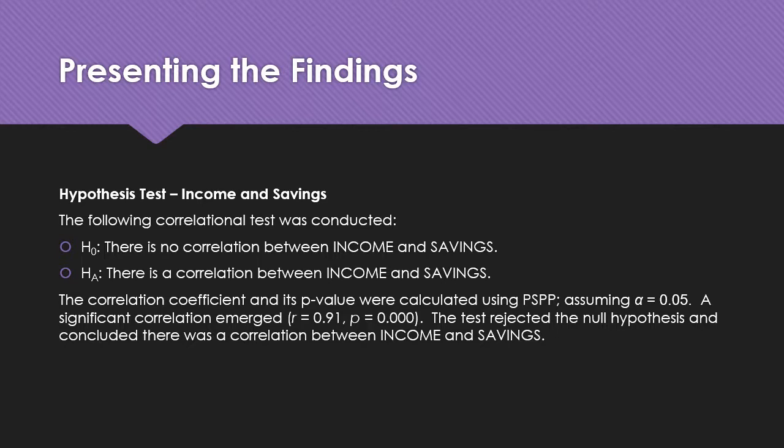The correlation coefficient and its p-value were calculated using PSPP, assuming alpha is 0.05. A significant correlation emerged where R equals 0.91 and our p-value is 0.000, which is really close to 0. So the test rejected the null hypothesis and concluded there was a correlation between income and savings.